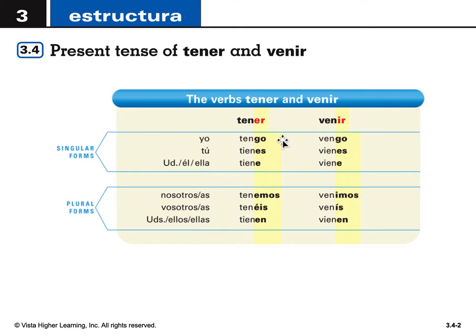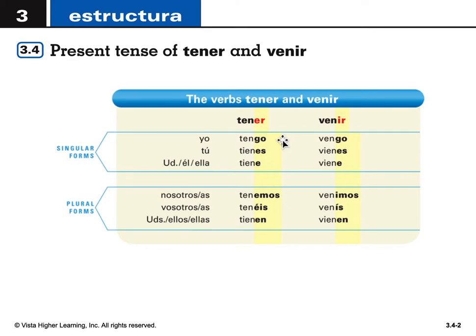So notice that the endings now go back to the way a regular ER verb works, but the stem now has a stem change. We changed it from ten to the stem tien. We added in an I in there. So tien, and then the ending is es. Tienes. Usted, él, ella, tiene. Nosotros tenemos. Vosotros tenéis. Ustedes, ellos, and ellas tienen.